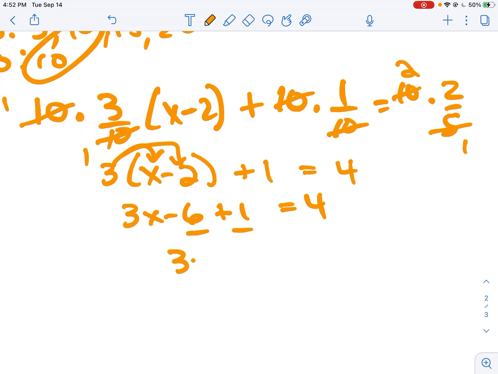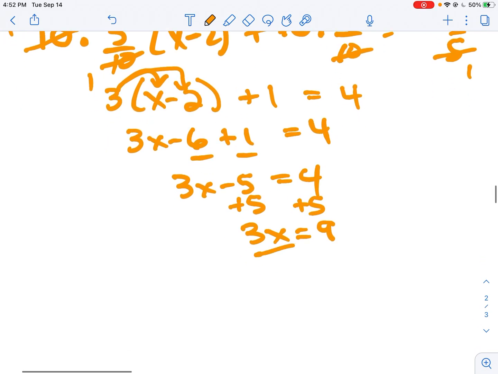Combine like terms, 3x minus 5 equals 4. I add 5 to both sides, 3x equals 9, and divide by 3, get x equals 3.